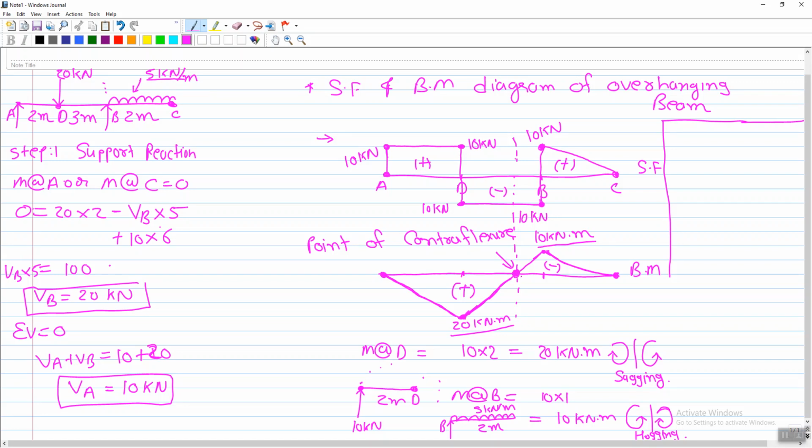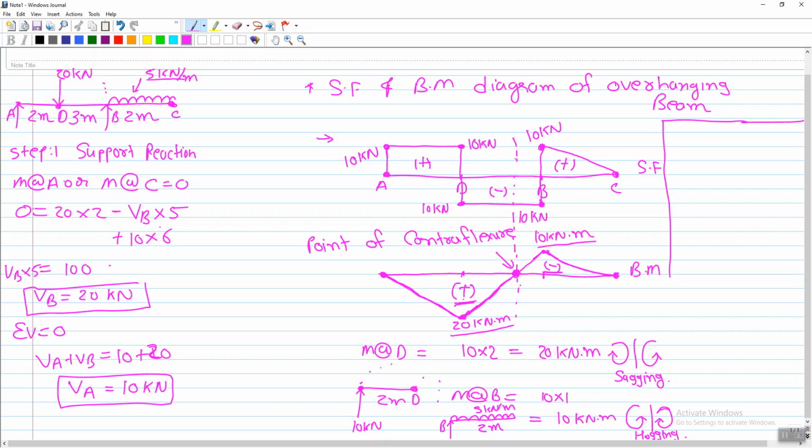You can also say, in a proper definition, when the bending moment changes its sign from positive to negative, or negative to positive, then this point of intersection of the bending moment diagram with the reference line is known as the point of contraflexure, and you have to take it into account.